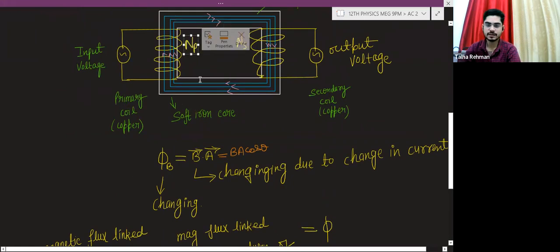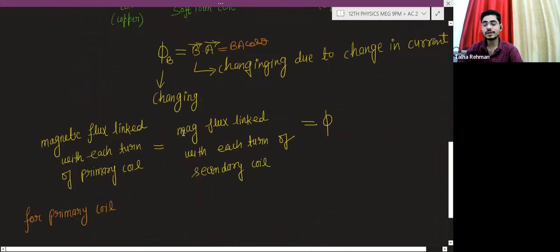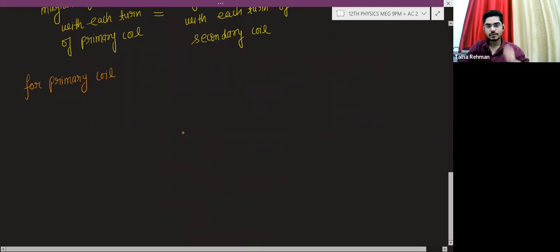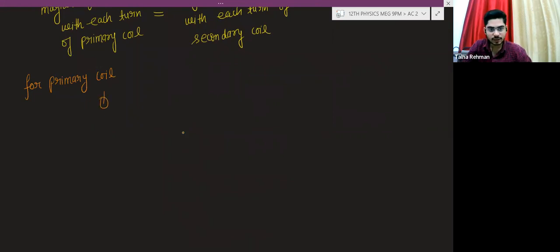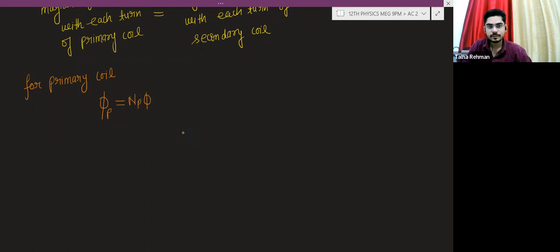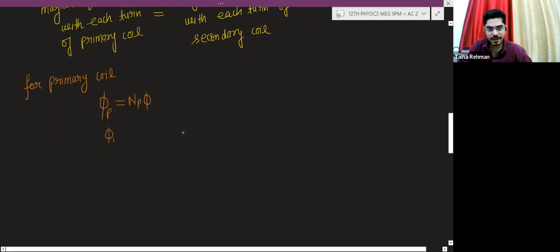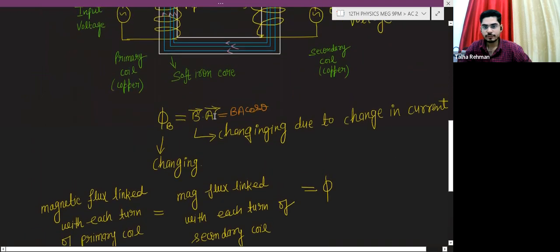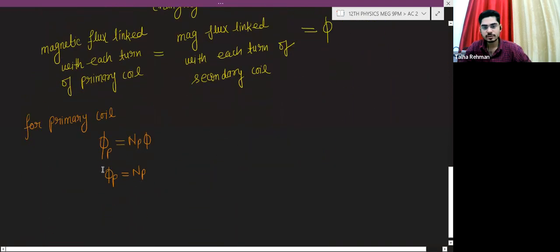N suffix p are the number of turns for the primary. If I want to calculate the total flux for the primary coil, that will be given by the number of turns in the primary coil into phi. Okay, so phi p is given by the number of turns in the primary coil times phi. What is phi? Phi is BA cos theta, no problem.